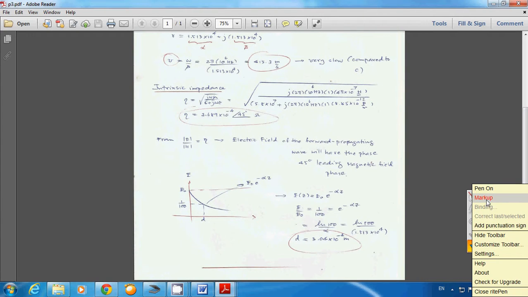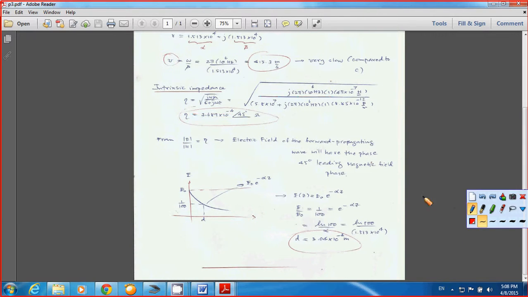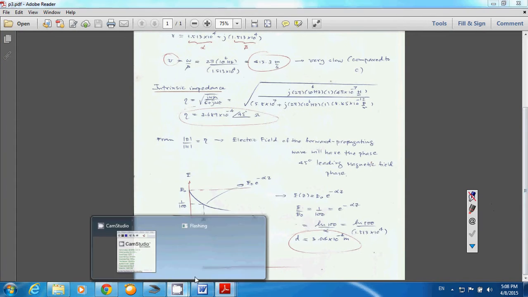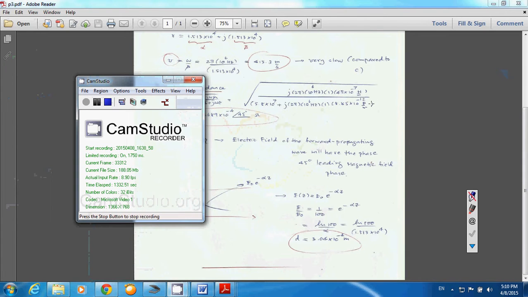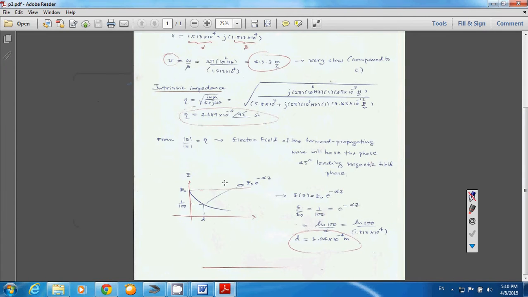Okay, now for the attenuation constant. You have alpha right here. I just want to point out why it's so important. Take a look at the relation between the electric field and z deep inside the material.